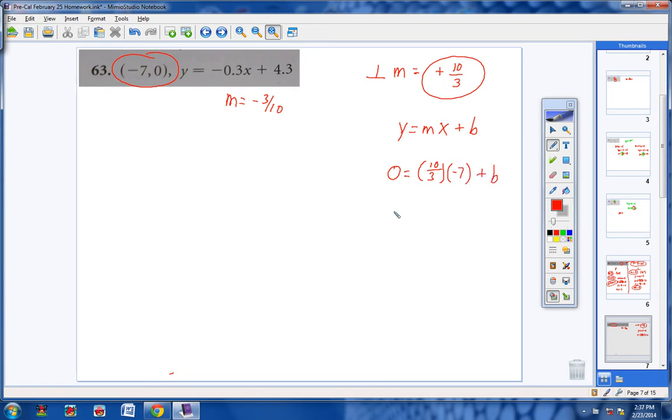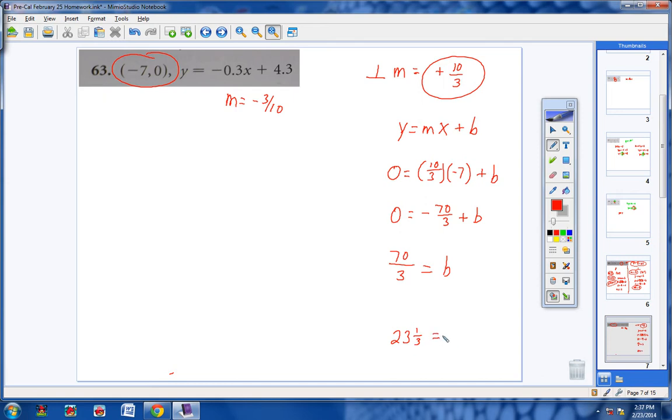And now let's go ahead and get started. 10/3 times -7 is -70/3. And then bring the -70/3 over and make it positive, and we see that b is 70/3. Or if you want to put, let's see, what would that be? 23 1/3.